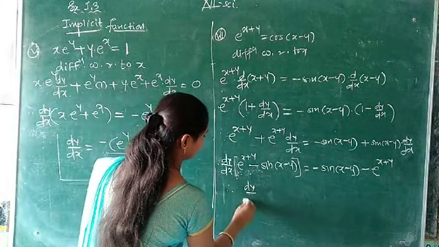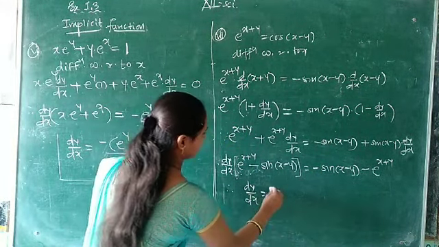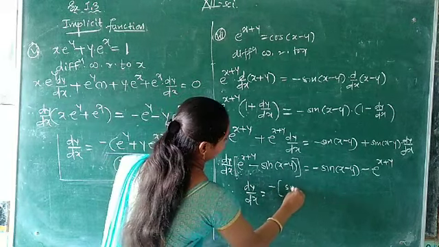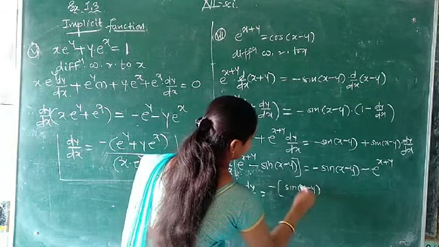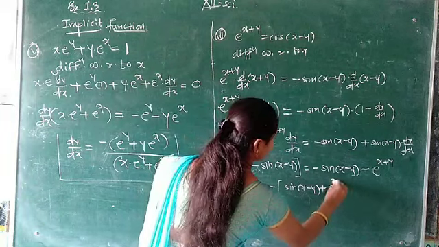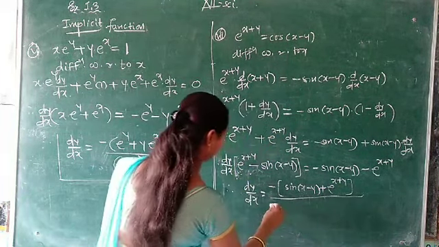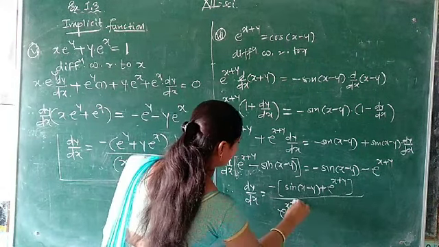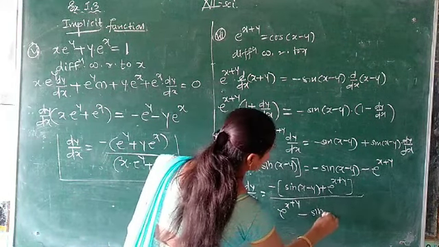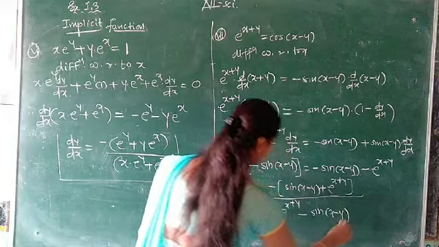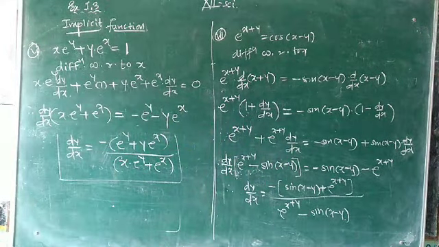Therefore, taking minus outside, sin of x minus y plus e raised to x plus y divided by e raised to x plus y minus sin of x minus y, that is dy upon dx.